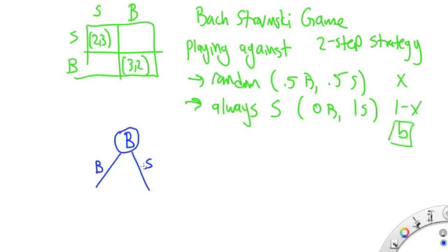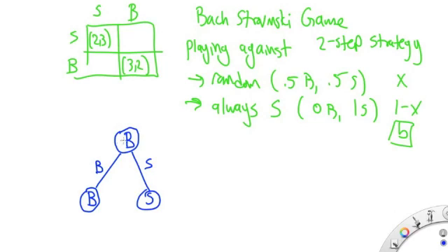Now a policy tree in this game is going to be for us to choose some action first, either Bach or Stravinsky. Then we get to observe what the opponent did on the previous step, either Bach or Stravinsky. And then we get to condition our second action on what we saw.